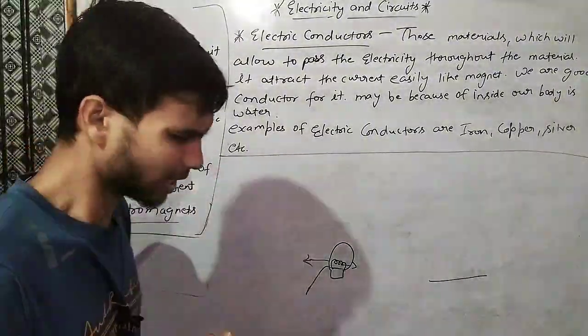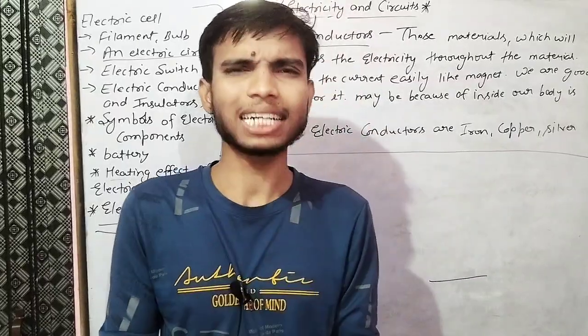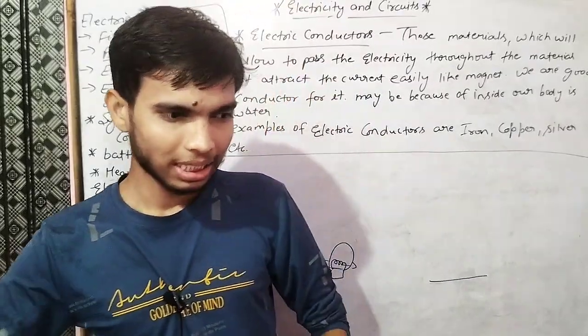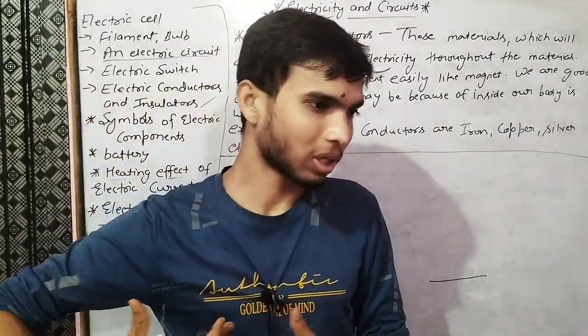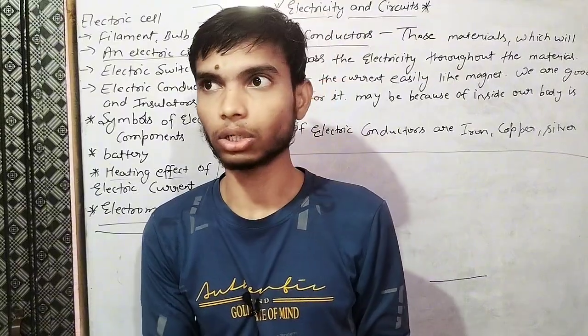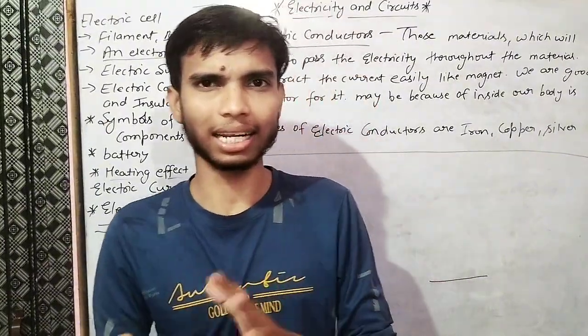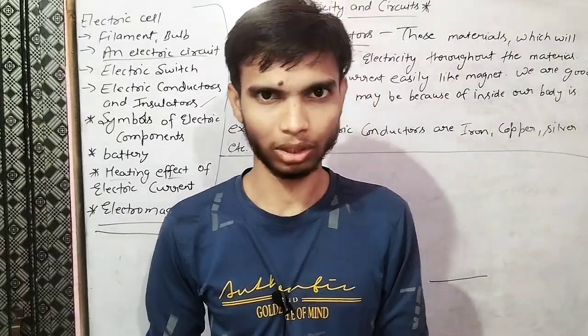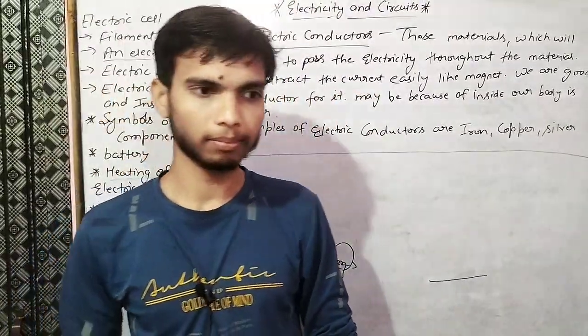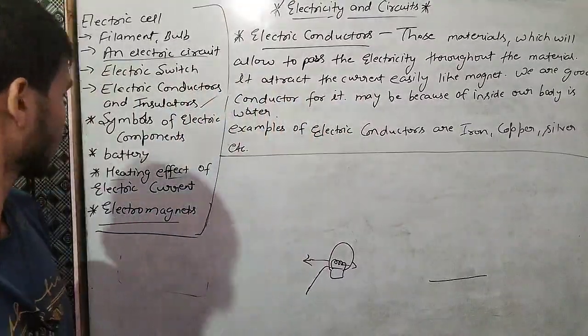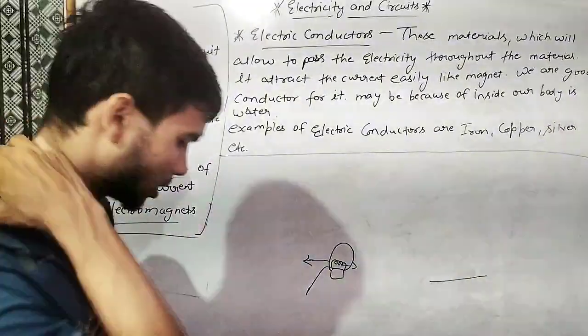Electromagnet. Electricity acts like a magnet. Electric current wants to get attached to electric conductors. On one side we can say it is acting like a magnet. Clear? Electromagnet.